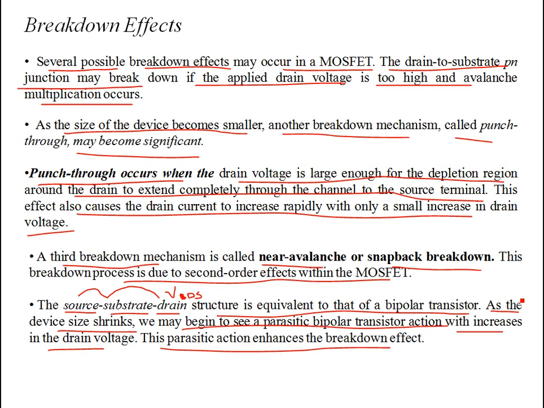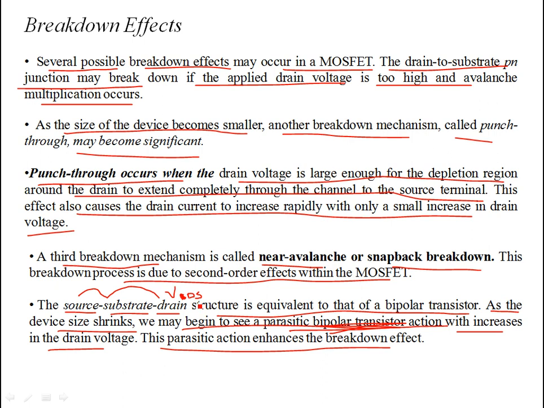This happens in actual MOSFETs having channel widths of the order of nanometers or sub-microns, less than 0.2 micrometers. You start having those effects because of the parasitic bipolar transistor action that can take over. Your source and drain terminals can come closer to each other, so the charge carriers, holes or electrons, don't need much of a barrier.